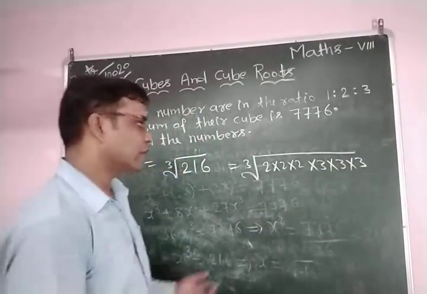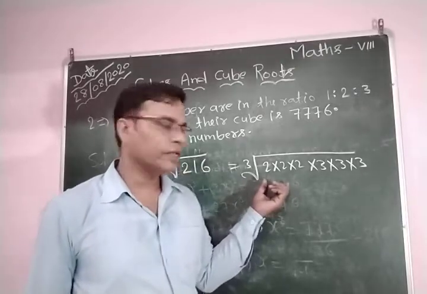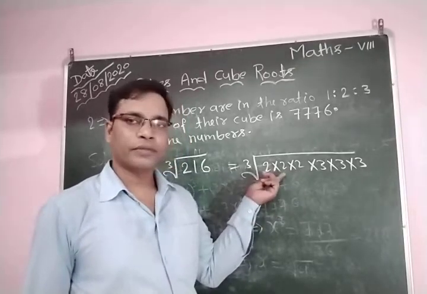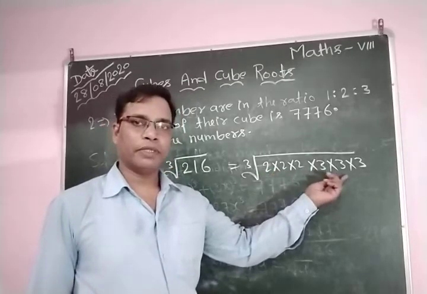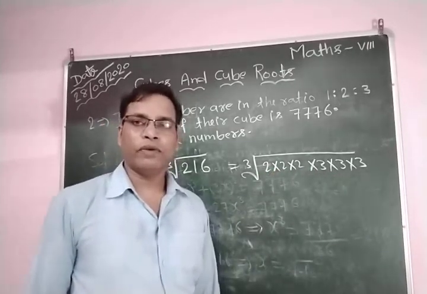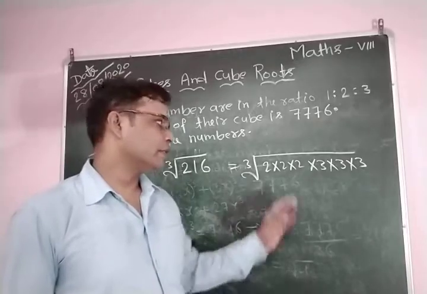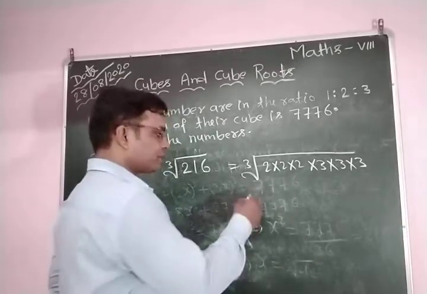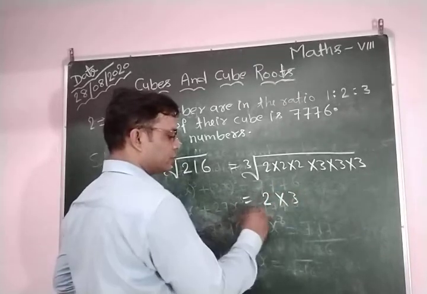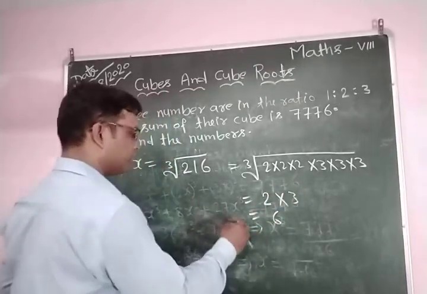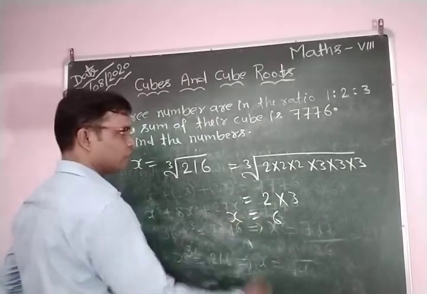Now you can see here we have a group triplet of prime number 2, and this is the group triplet of prime number 3. For cube root we take one prime number from each group. So you can write here 2 into 3, this is equal to 6. Or you can say the value of x is equal to 6.